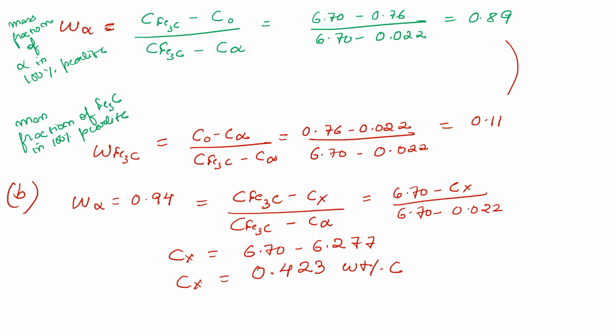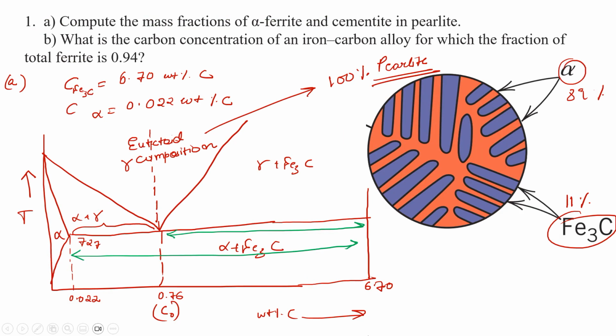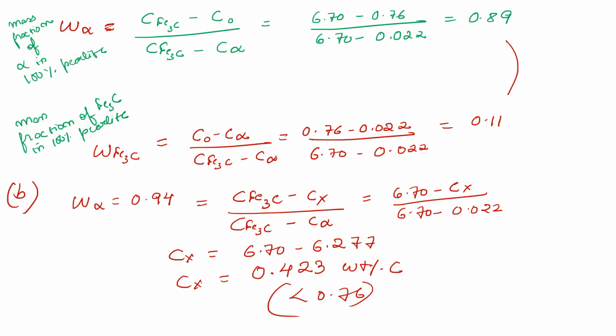See, 0.423 weight% carbon is less than 0.76, by the way, so it was most probably a hypoeutectoid alloy, but we have not been asked. If it had been asked, you just need to know the concentration relative to the eutectoid composition. So the total carbon concentration is the answer.